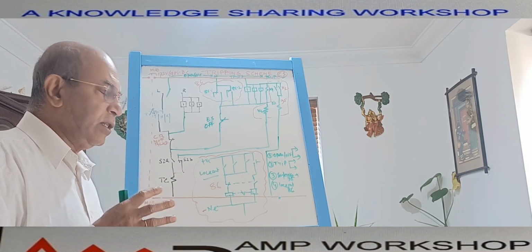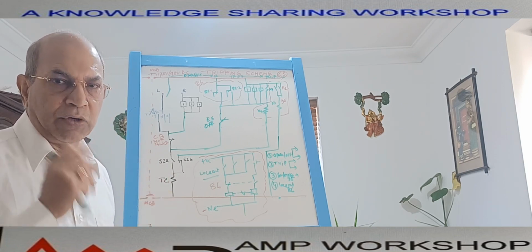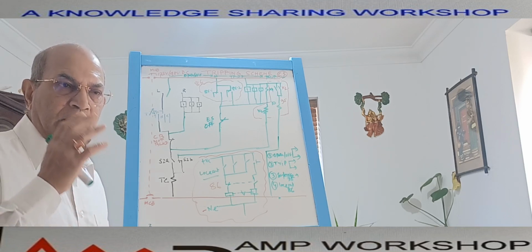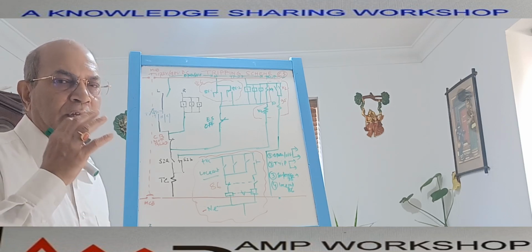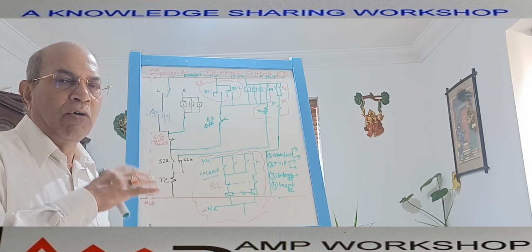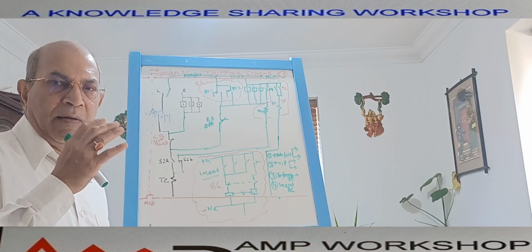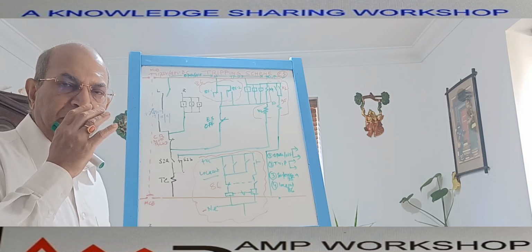Then there is another circuit: the tripping coil is a very important coil. If the breaker fails to trip due to a failure of the tripping coil or tripping circuit, it will be a big hazard.